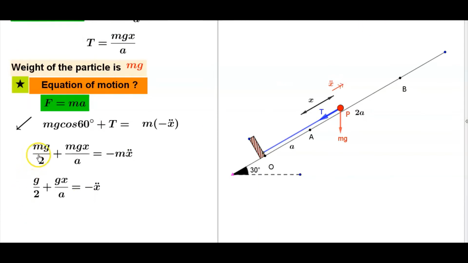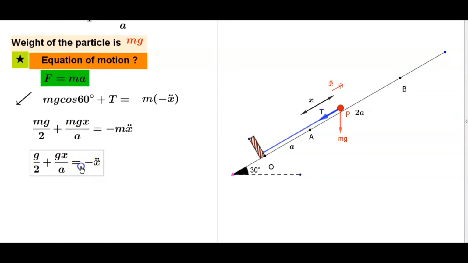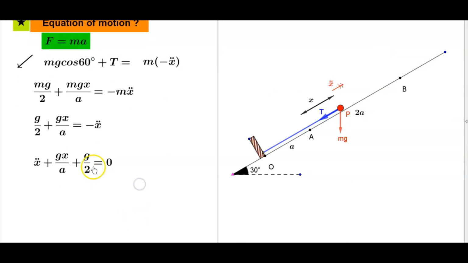m is cancelled from both sides. g by 2 plus g x over a is equal to minus x double dot. Therefore, x double dot plus g x over a plus g by 2 is equal to 0.